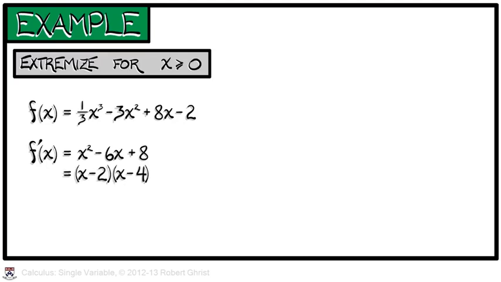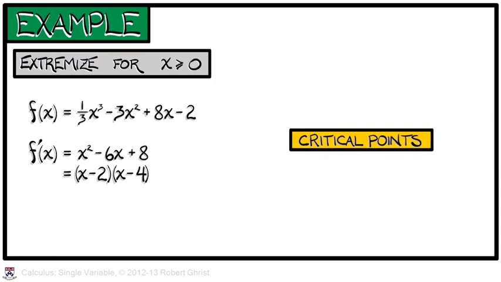To compute the critical points, we're going to want to factor this as (x minus 2) times (x minus 4). And so setting that equal to 0 gives us a pair of critical points, x equals 2 and x equals 4. To classify them, let's compute the second derivative of f.